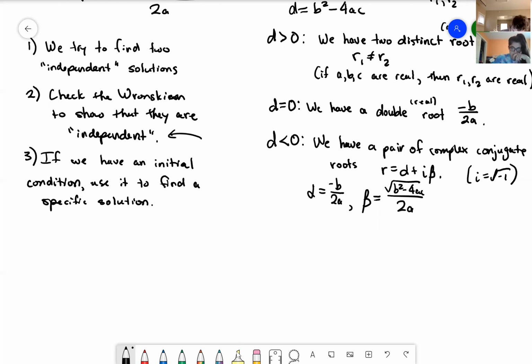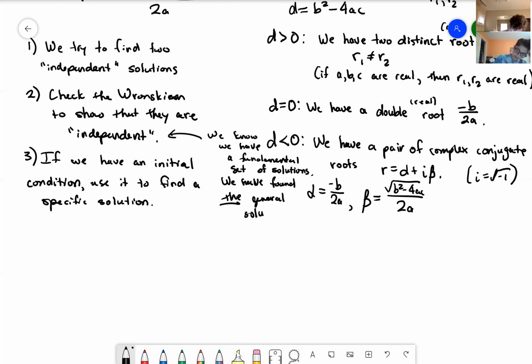It's at this point that we know we have a fundamental set of solutions, which means we have found the general solution, because we know that if we find the general solution, we can get a specific solution, and uniqueness tells us that there's only one.